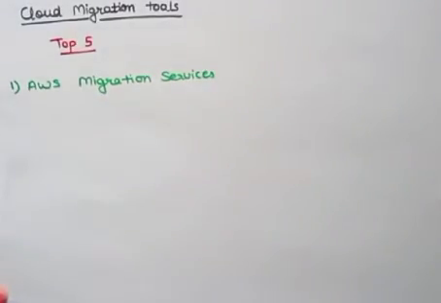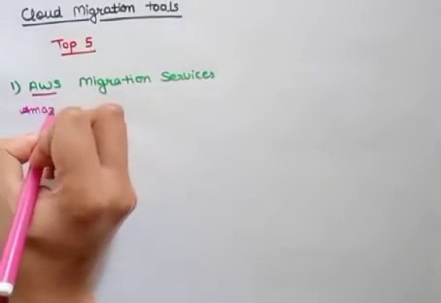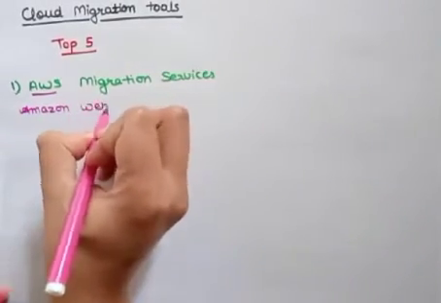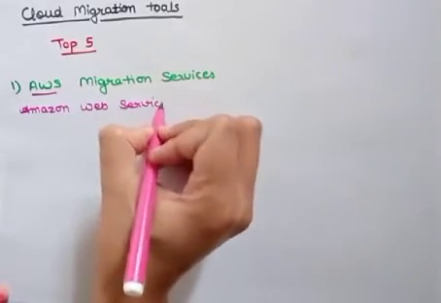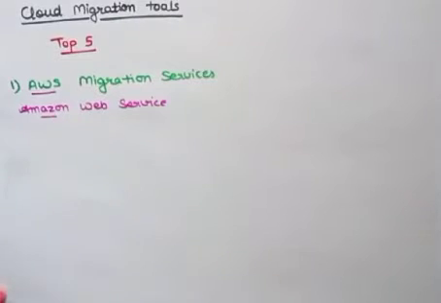We all know the name of AWS. It is Amazon Web Services. That means this tool is provided by the Amazon company. This tool quickly and securely migrates databases to AWS.